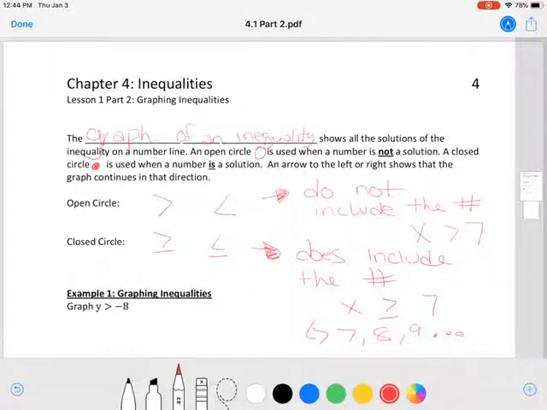So that's when you're going to use the closed circle. And then the second part of a graph when we're graphing inequalities is an arrow. The arrow points either in the left or the right direction to show which way the graph continues.